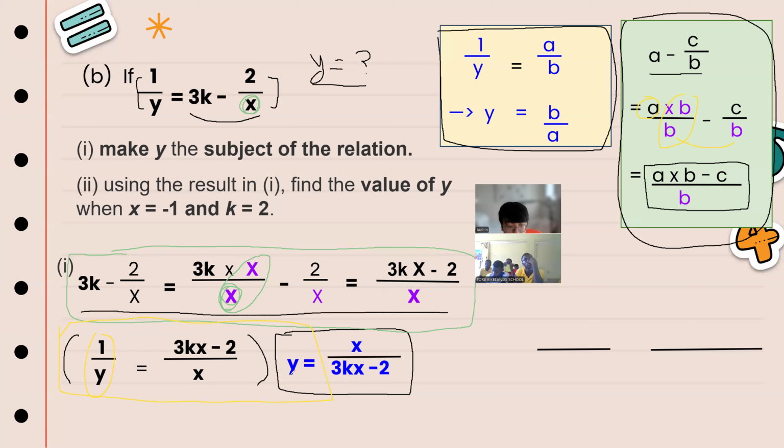So Y over 1 is flipping this right-hand side, X over 3KX minus 2.